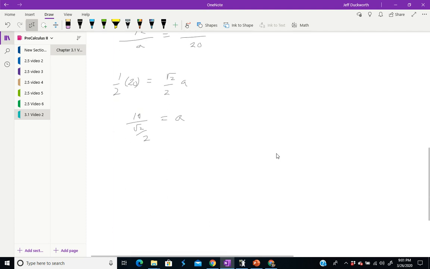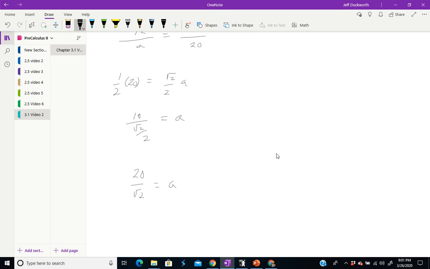And again, I'm going to scroll down. And essentially what we have here is we divide by this, which means we multiply by the reciprocal. So we actually have 20 over root 2 is equal to A. That's correct. What am I missing? Oh, that all looks right.